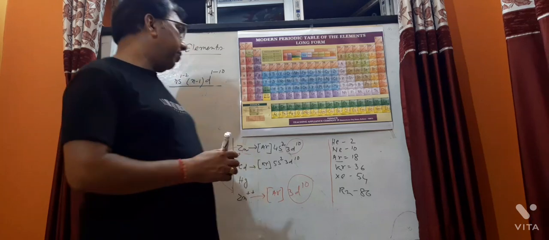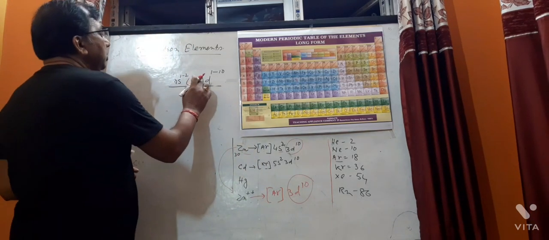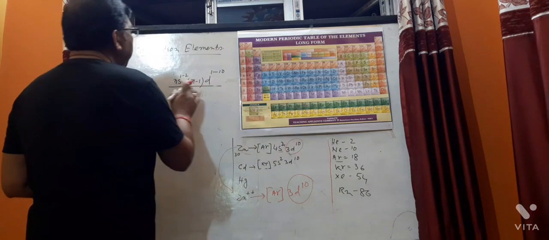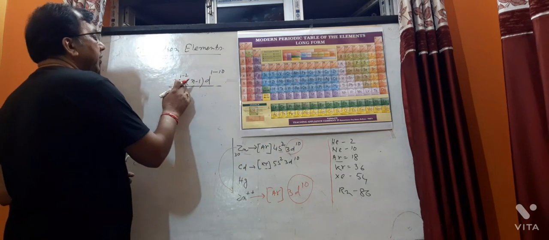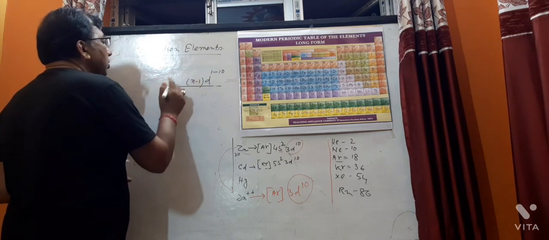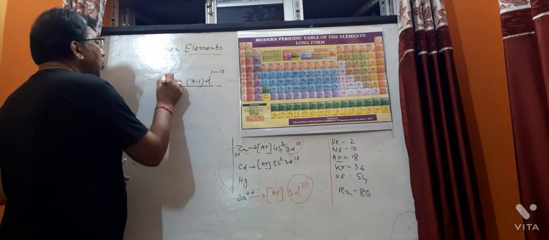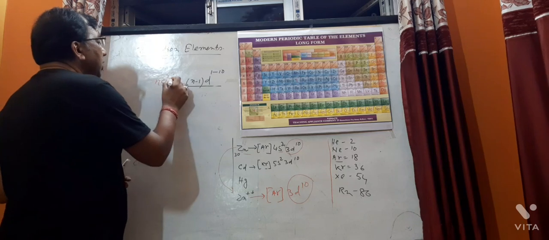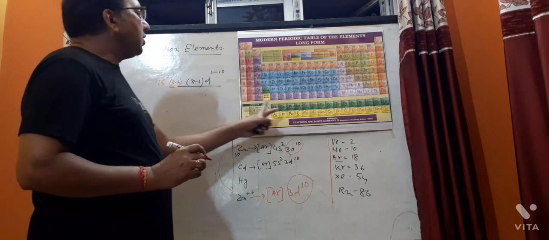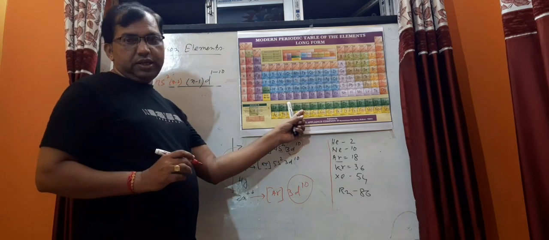For the d block, it is N minus 1 d; for the inner transition, it is N minus 2 f, that means there will be f electrons. Nothing else, it is the f block elements.